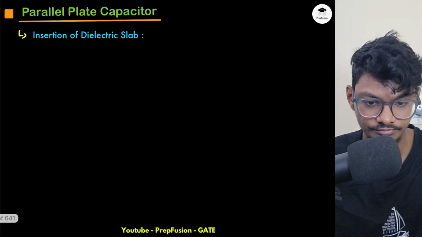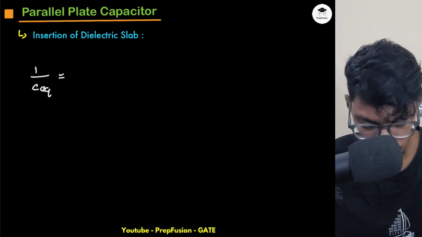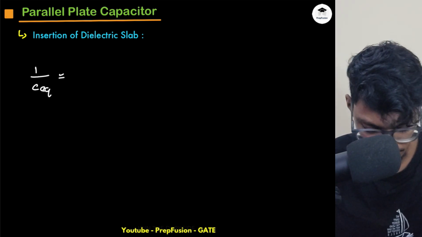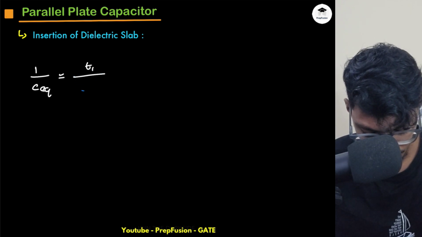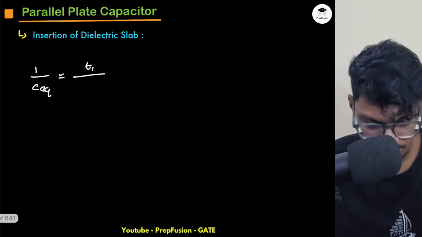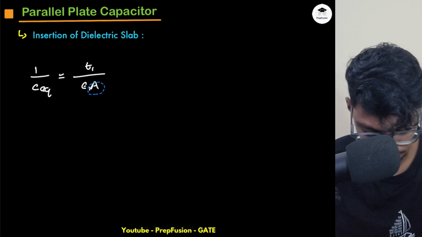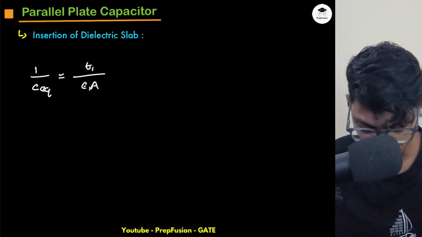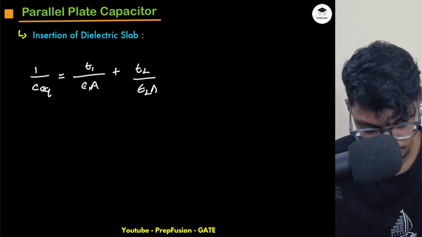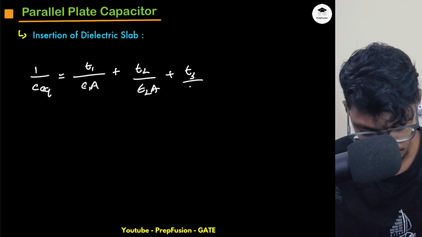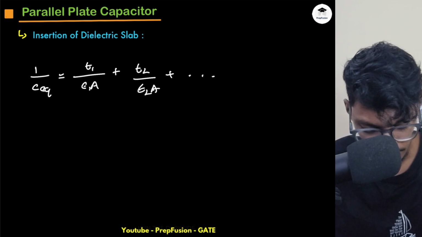Okay, so what can I say? 1 by C equivalent will be T1 divided by epsilon 1 A, just replacing each capacitance, plus T2 divided by epsilon 2 A plus T3 divided by epsilon 3 A, and so on.